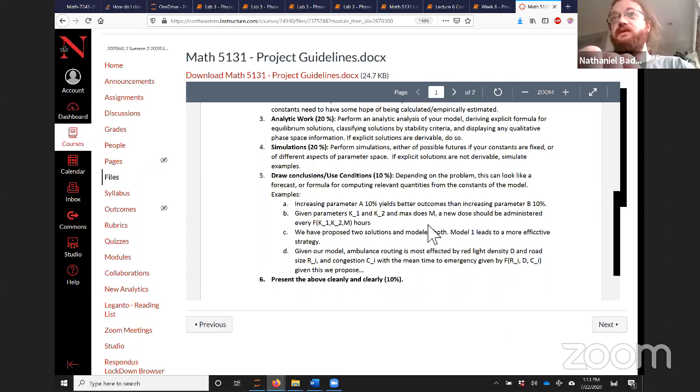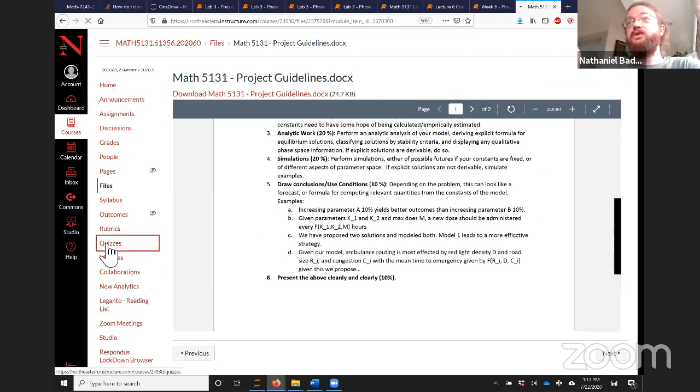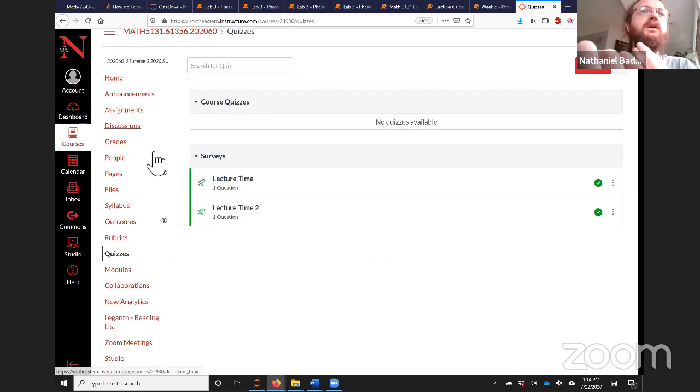If you are interested, for instance, in doing a deep dive into some fitting from real data, say you want to use a susceptible, exposed, infected, recovered SEIR model and really fit these parameters to data, so you collect 2 months of COVID data from one of these data sources and go through the whole fitting procedure carefully, in that case I'll weight your analytic work a little bit differently than your simulation work.